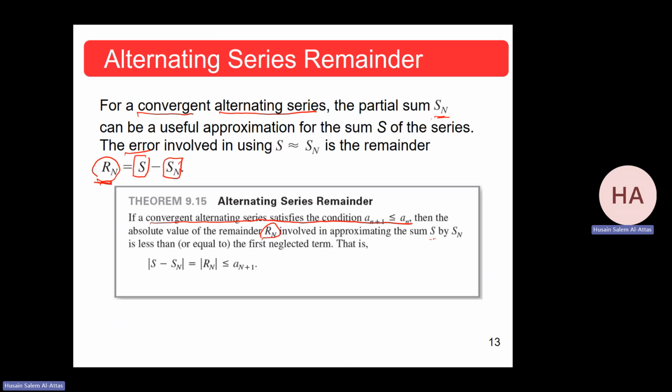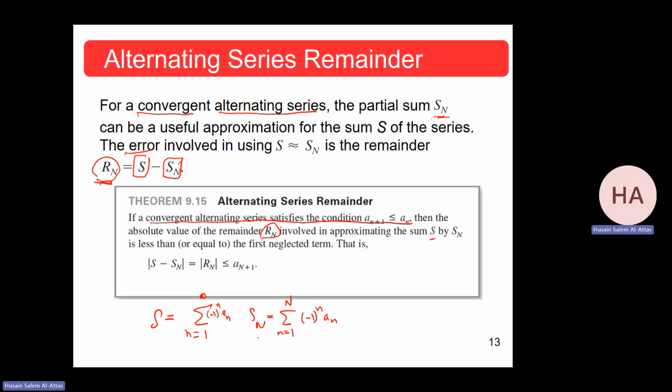involved in approximating the sum. If I'm approximating the sum, and instead of doing the whole sum, n equals 1 up to infinity, I'm doing Sn, here we have minus 1 to the power n. Here I have Sn, which is the sum up to a capital N. They say what?